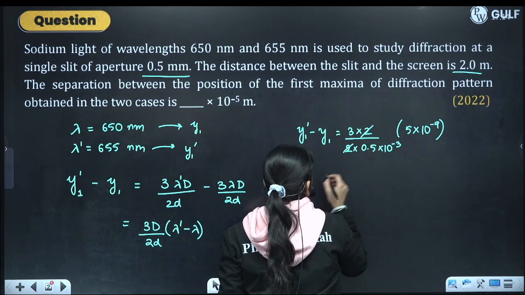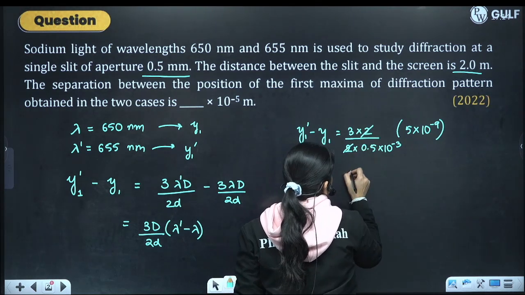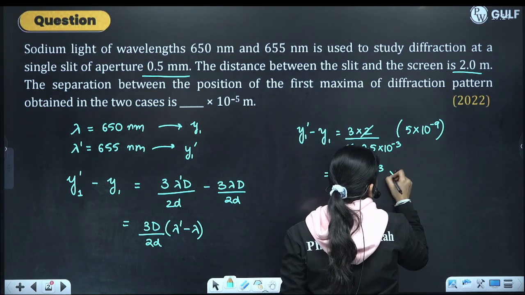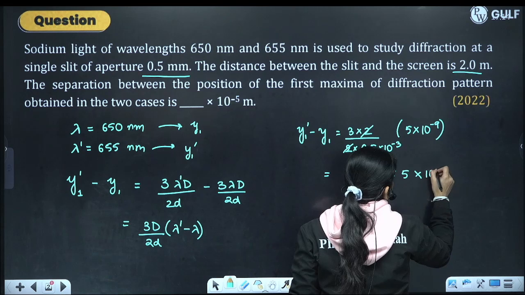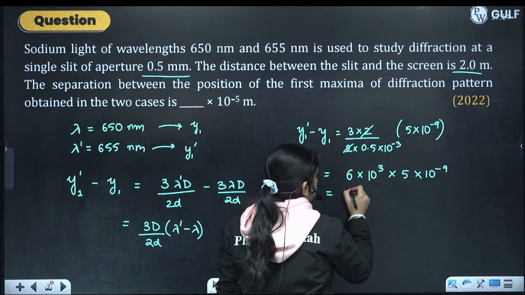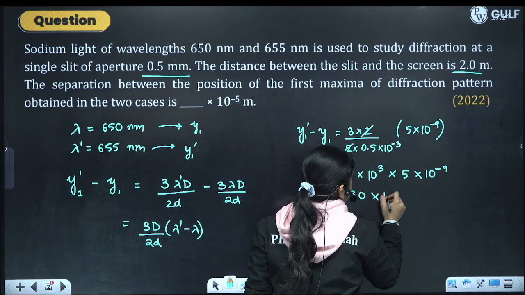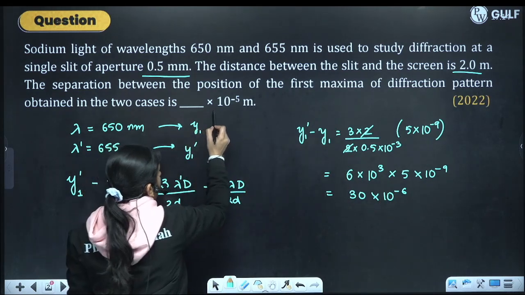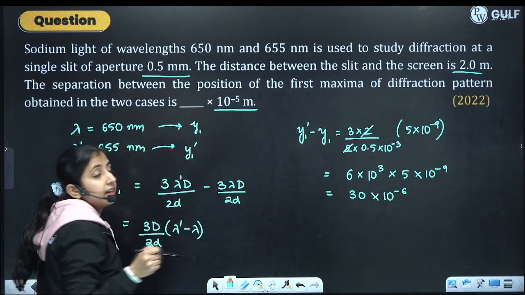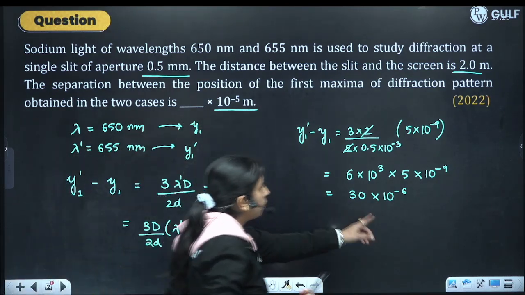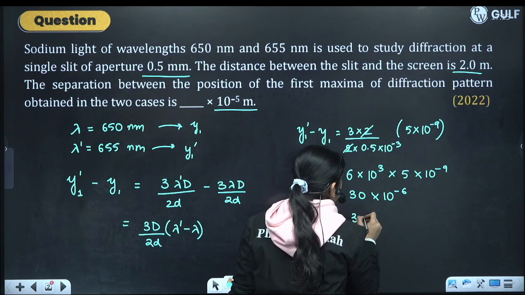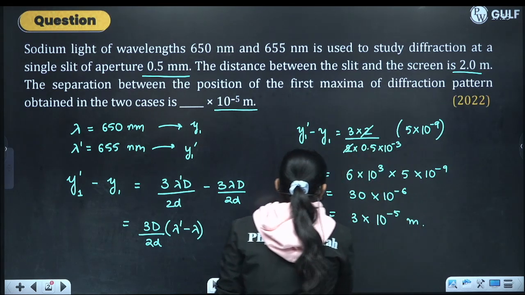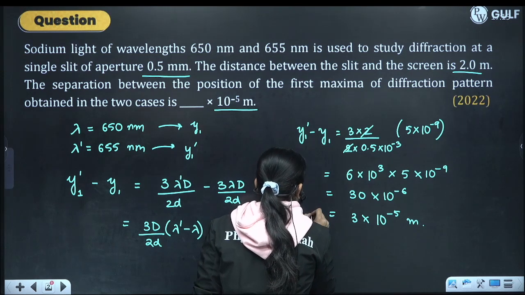Now solve it, we will get 6 into 10 raised to the power 3 multiplied by 5 into 10 raised to the power minus 9. So we will get 30 into 10 raised to the power minus 6. Now see, they have asked for the answer as dash into 10 raised to the power minus 5 meters. Convert it, 3 into 10 raised to the power minus 5 meters. So this is the separation.